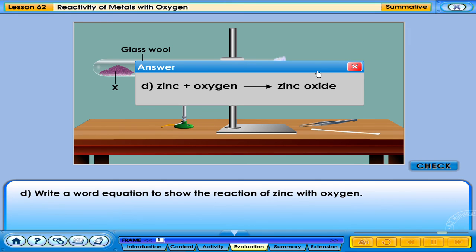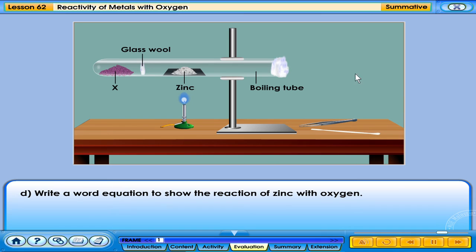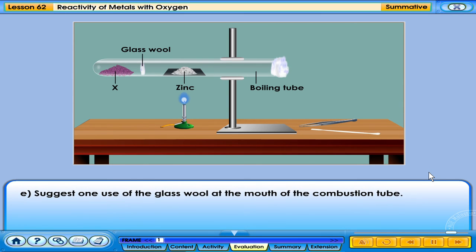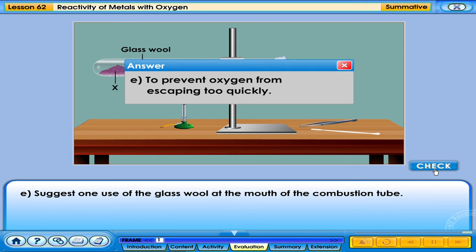D. Zinc reacts with oxygen, produces zinc oxide. E. Suggest one use of the glass wool at the mouth of the combustion tube. E. To prevent oxygen from escaping too quickly.